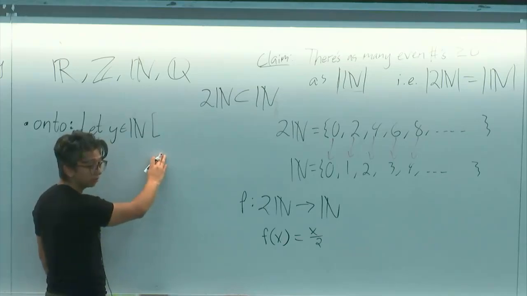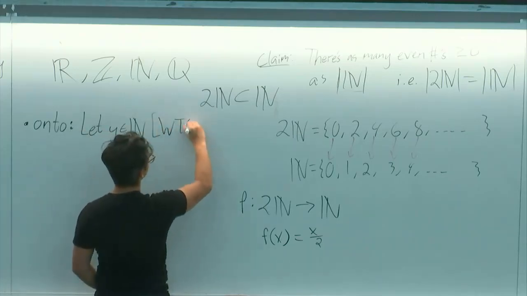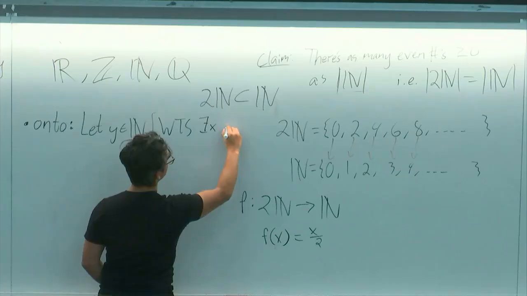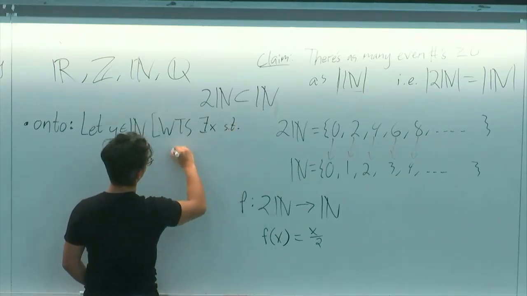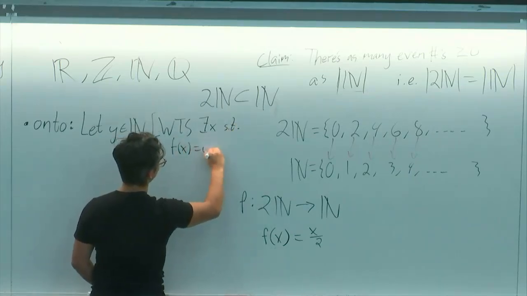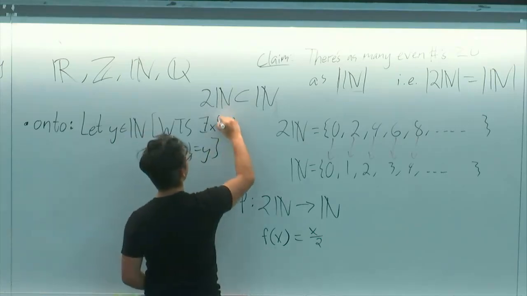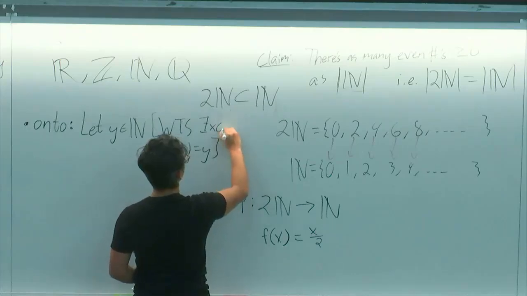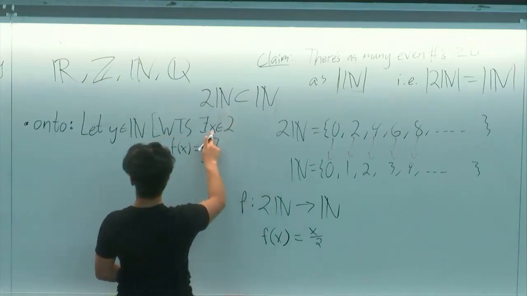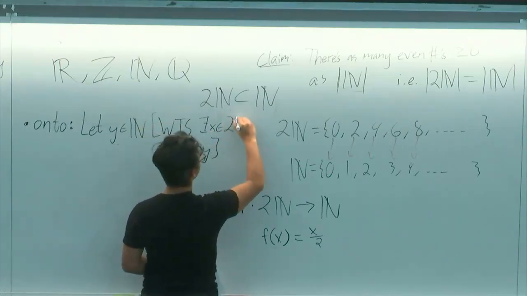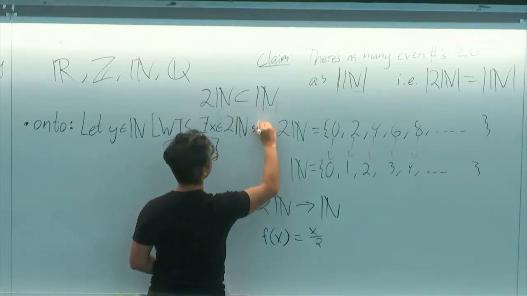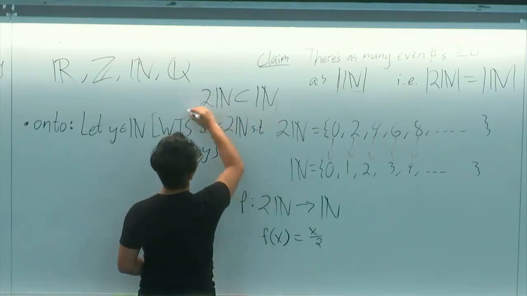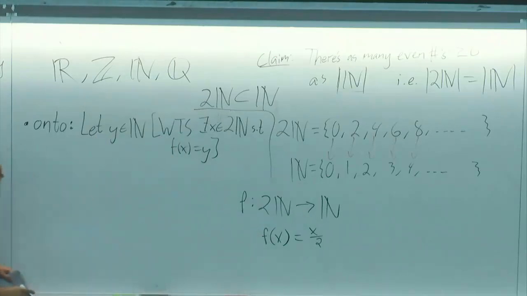What we want to show is that there exists an x such that f of x equals y. And not just any x, x in 2n.